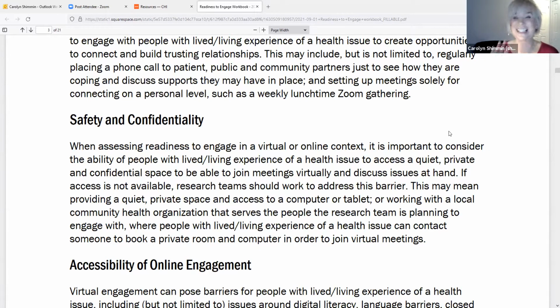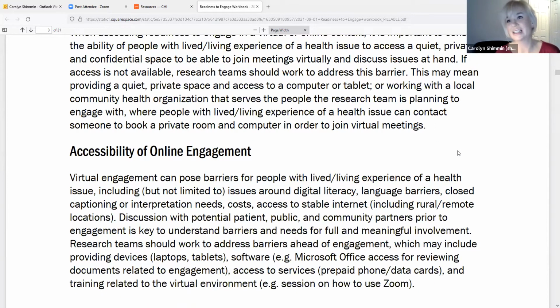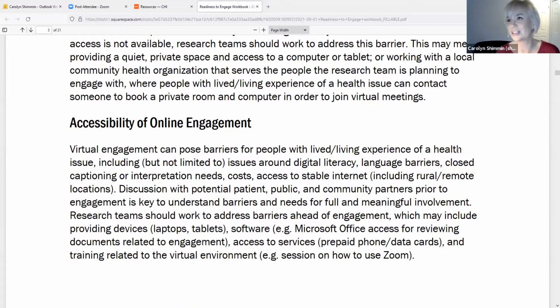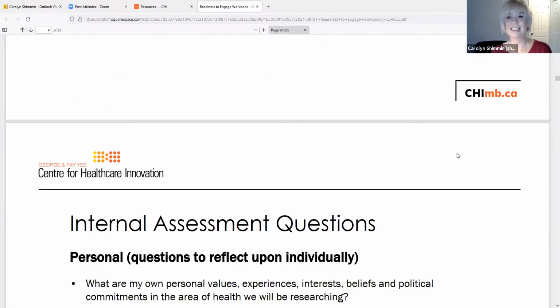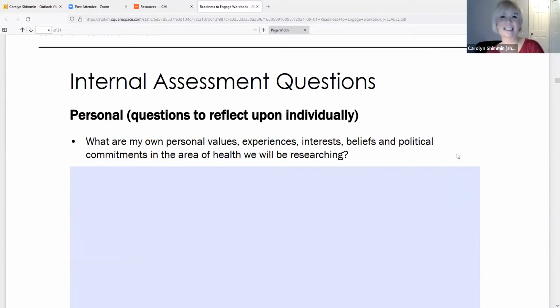Perfect. And we also have a mention around safety and confidentiality and accessibility of online engagement, with some special considerations around how to make online engagement more meaningful. Now we get to our internal assessment questions.